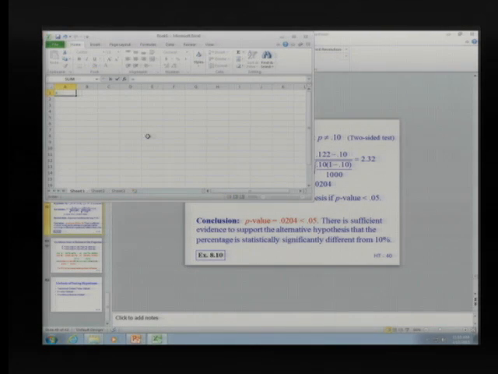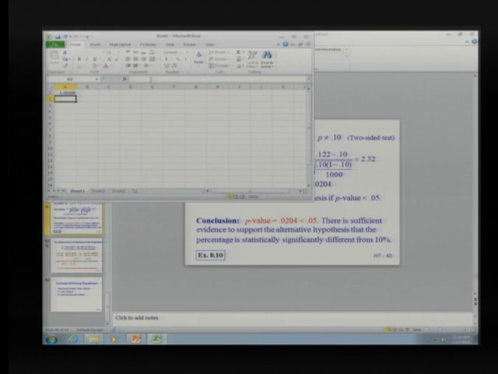So we had a 0.25 and subtract 0.3. Okay, I'm using Excel to do this. So square root of 0.3 times 1 minus 0.3 and divide by 100.